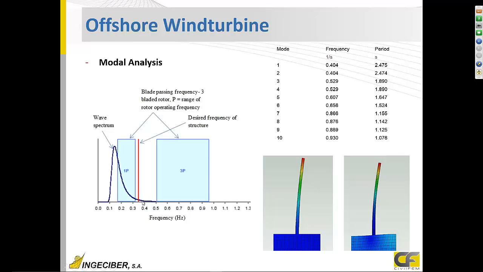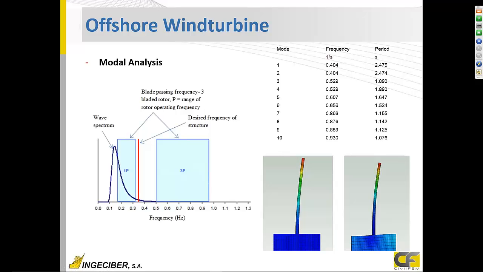If not, we can modify the model and try to find the structure shape that has the natural frequency modes in the zone far away from the resonance frequencies. And here we have the list of the first 10 modes.